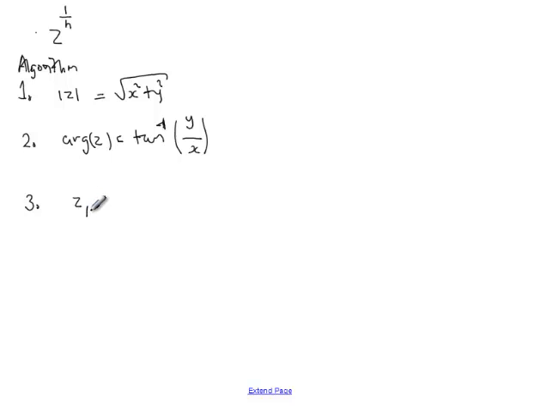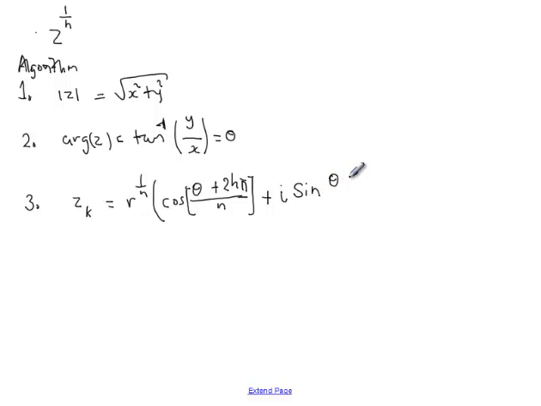So now we can say z_k is equal to R, cosine of theta plus 2k pi over n, plus i sine of theta plus 2k pi over n, where theta is the argument you got from here.